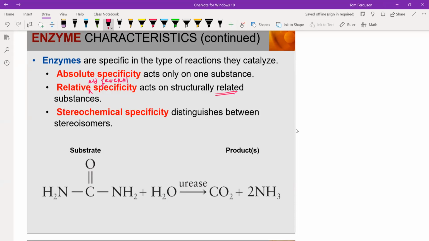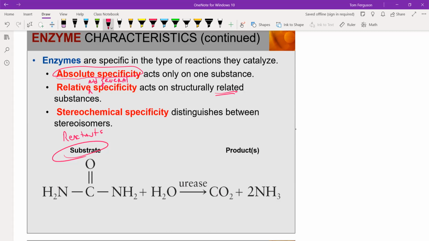Then you have absolute specificity in substrates. In the world of biochemistry, we don't have reactants, we have substrates. It's the same thing though.